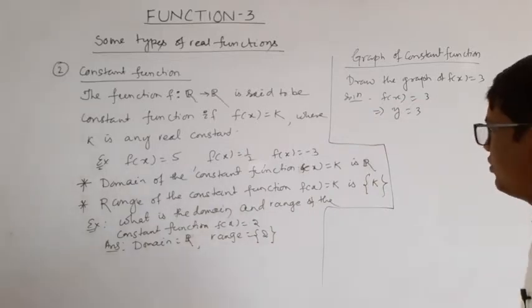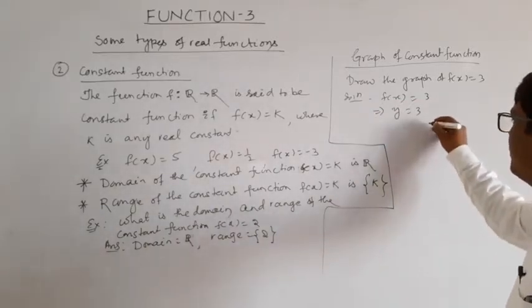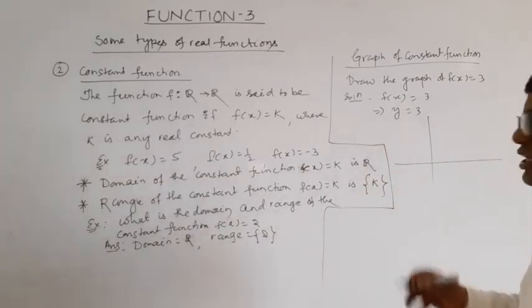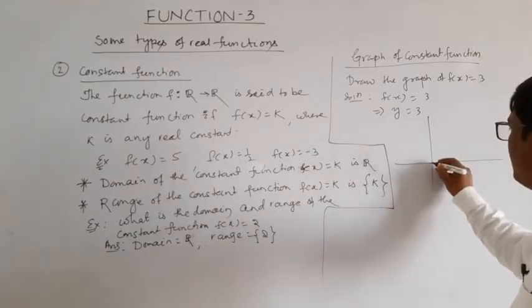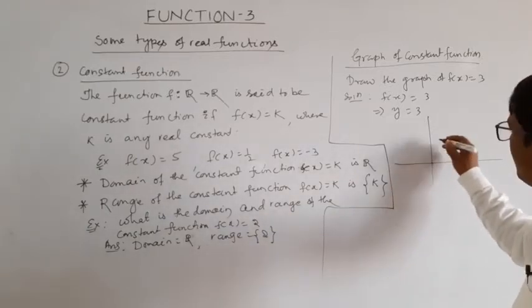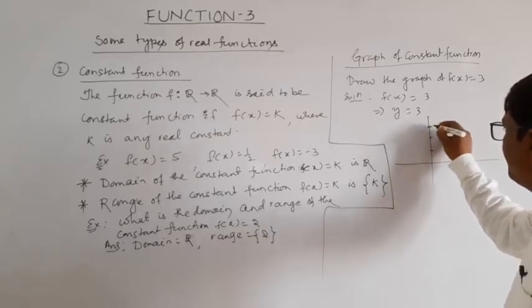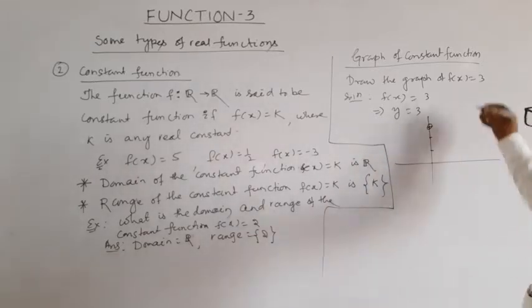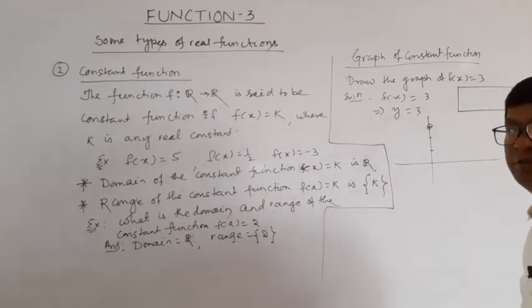Y is equal to 3 means y remains constant. For any value of x, suppose x is equal to 0, y remains constant. Let us draw the table also here to better understand.